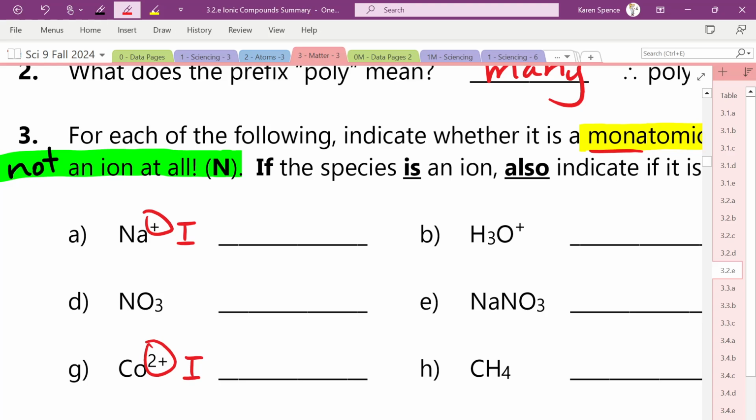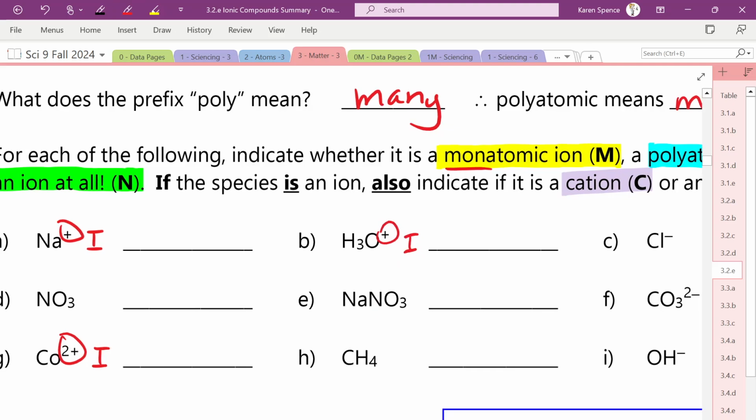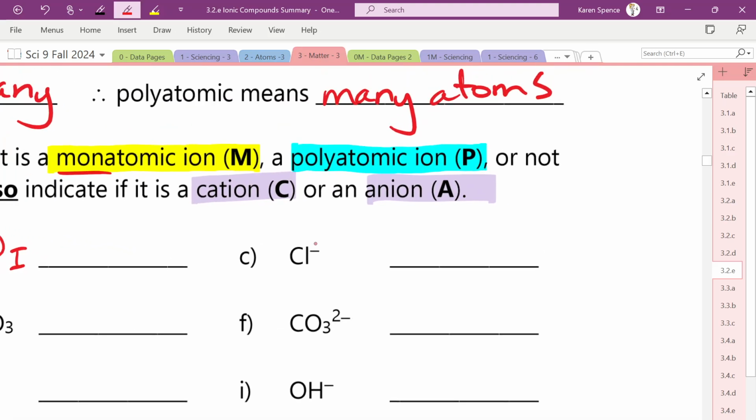Every time you have an ion, you're going to have a charge. Charge, ion. It doesn't have to be positive though, because we've got Cl minus, which is also an ion. Charge, ion, charge, ion.